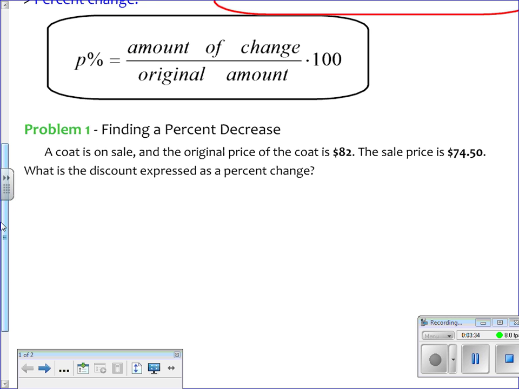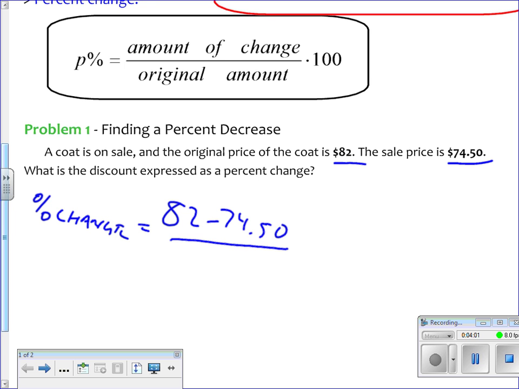So, my percent change, in this case a decrease because the price goes down, is you always take the larger number, in this case 82, minus the smaller number, in this case 74.50, and you divide that by the original.